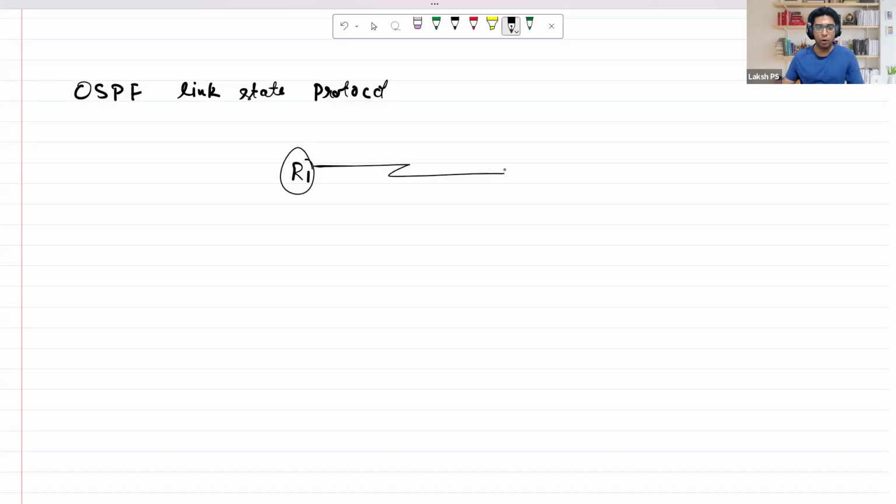OSPF is also called a link state protocol. Now, what does link state mean? We just discussed in our previous lab session that R1 was advertising its networks to R2.